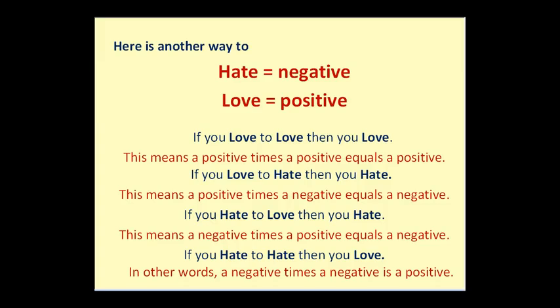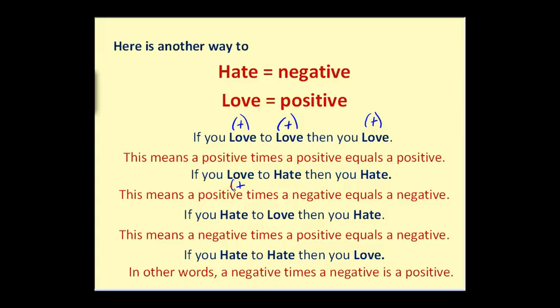And we'll end by thinking about a poem that we can use to remember the rules for multiplying and dividing integers. And here's how it works. The word hate represents a negative number, and the word love represents a positive number. So if you love to love, or you have a positive and a positive, then you love. So the product or quotient will be positive. If you love to hate, then you hate.